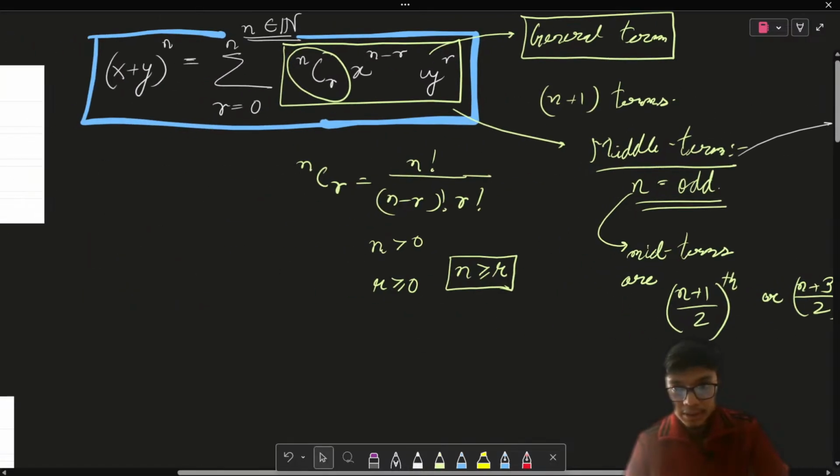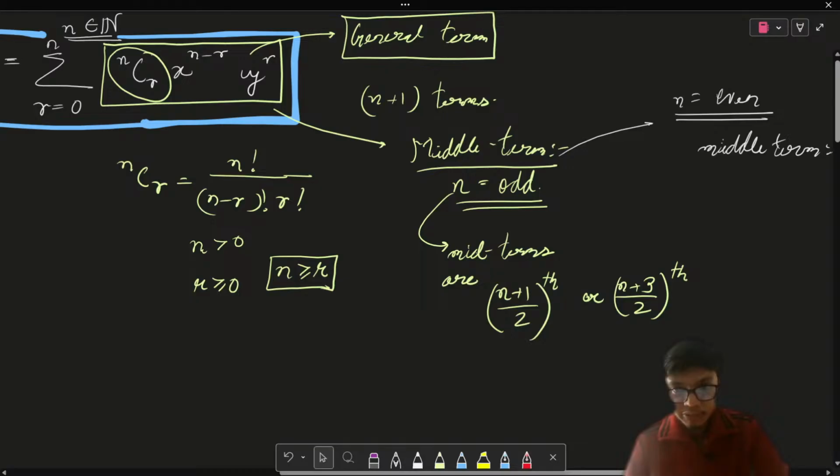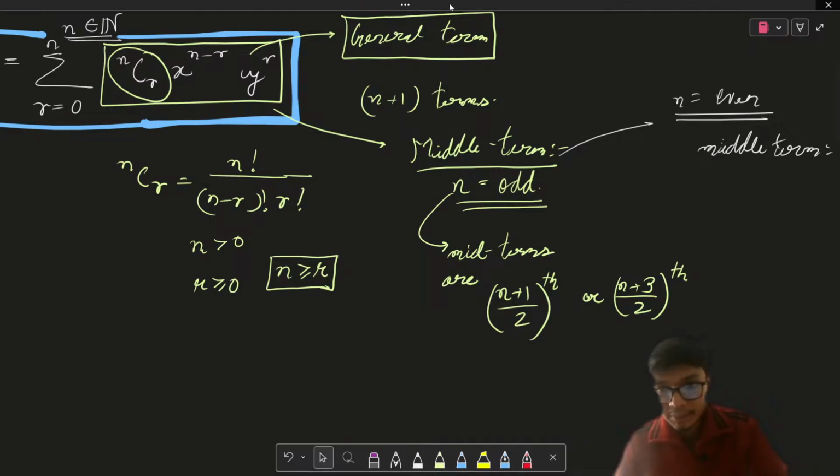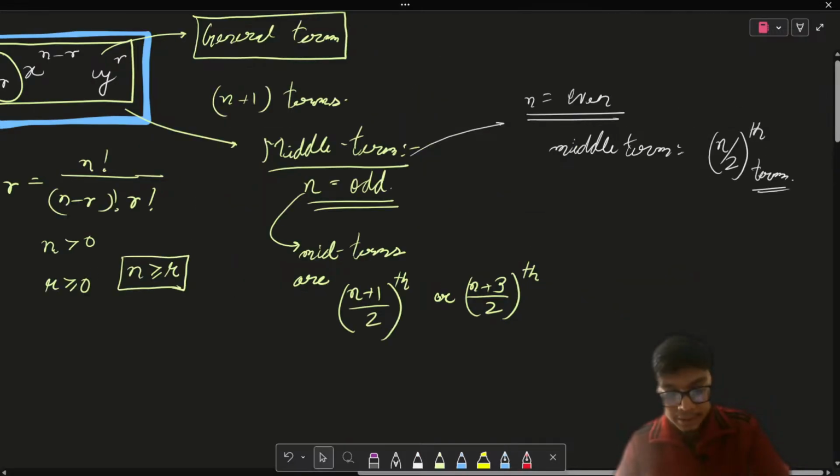And please don't be confused: whenever we write down a general term, it is always essential to note, for example, that if we have the middle term with r as n by 2, I hope you can decide what value of r to take here, right? So the r value is n by 2. That is how you take it up and write the general term.